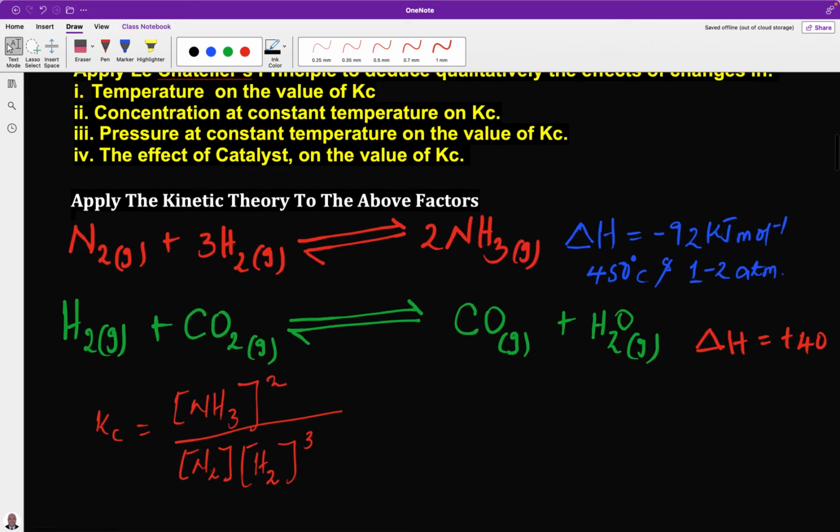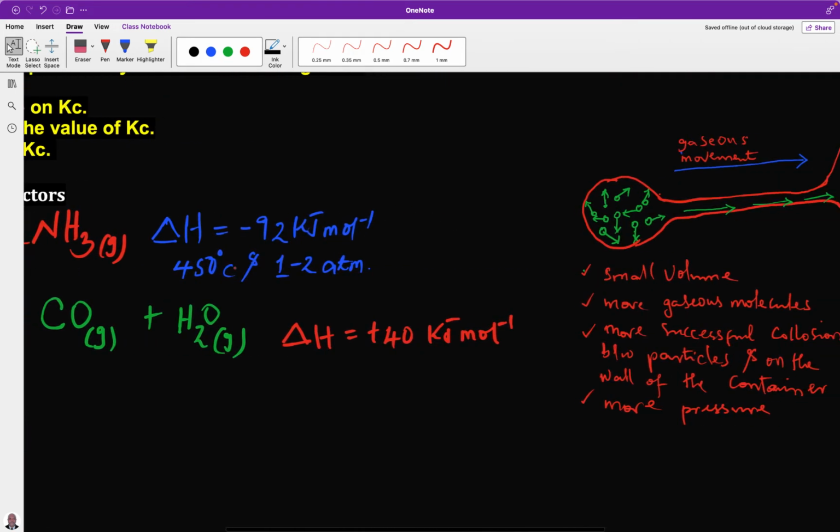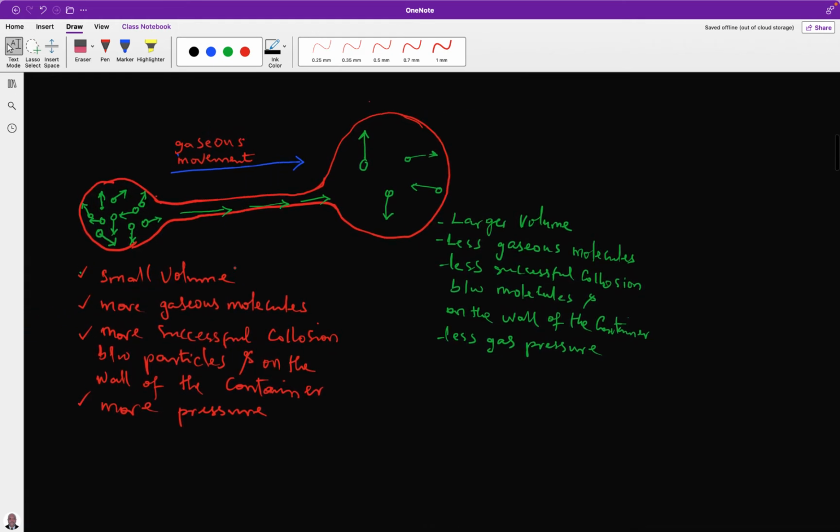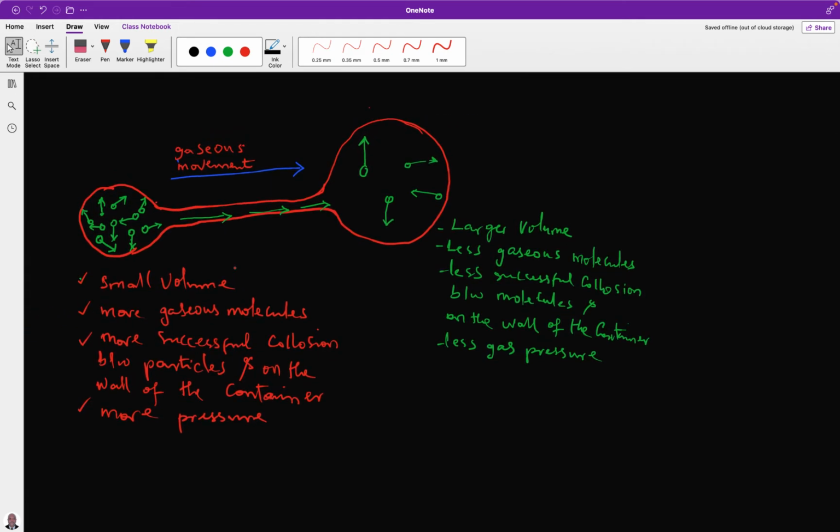Let me just illustrate this to you to understand better. I have a system here. This is a balloon. We have a smaller volume and a larger volume connected by a pipe. The small volume has more gaseous molecules in it, with more frequent collision between the particles and the walls of this vessel.